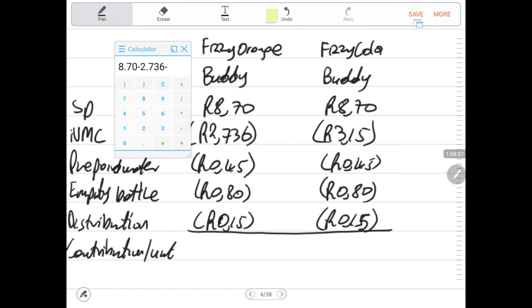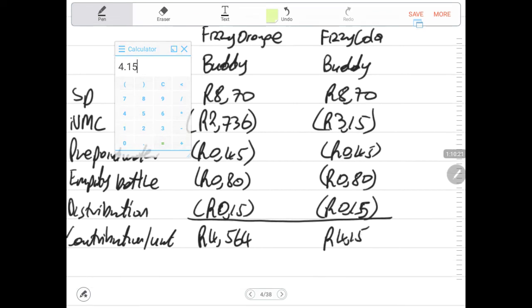That gives us 4 rand 564. For the second one, 8 rand 70 minus 3 rand 15 cents, minus 45 cents, minus 80 cents, minus 15 cents. That is 4 rand 15 cents.